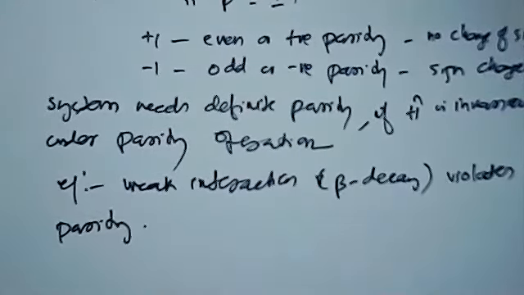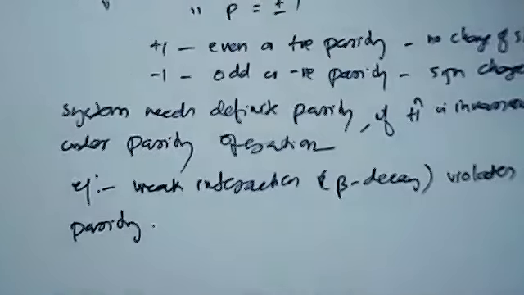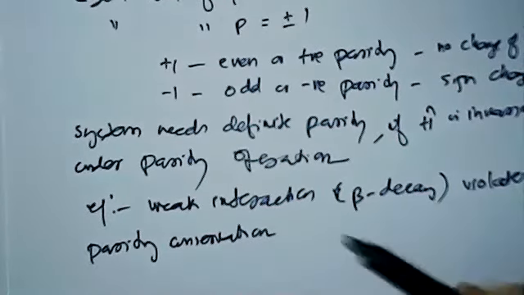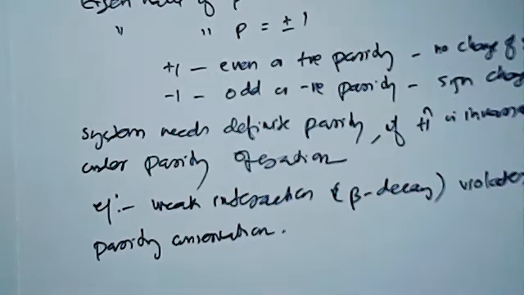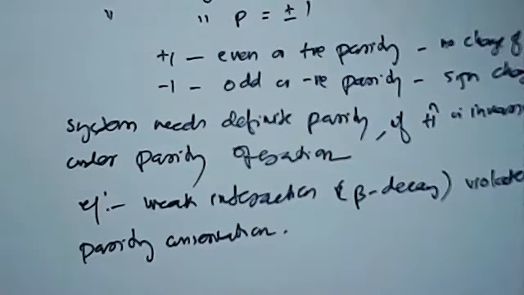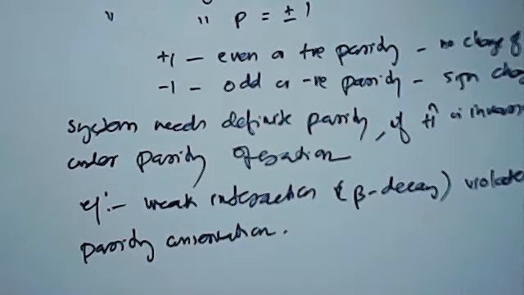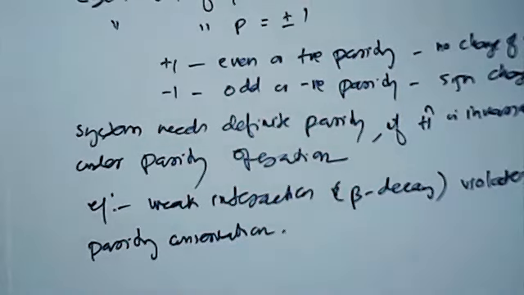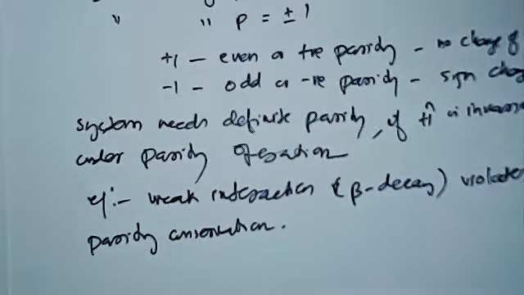So beta decay violates parity conservation. Using this property, you can identify the presence of beta rays. If you take the mirror image, parity is not conserved, so it will not be identical. You can use this property experimentally to detect beta decay, using the parity operation.